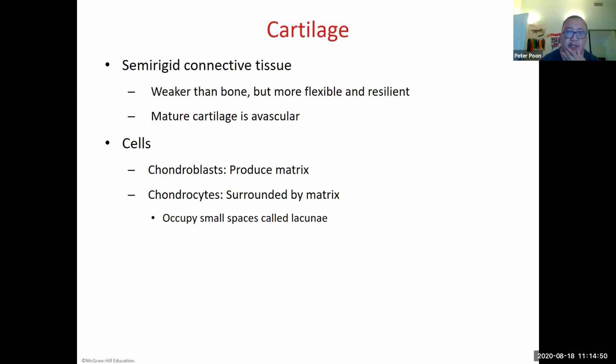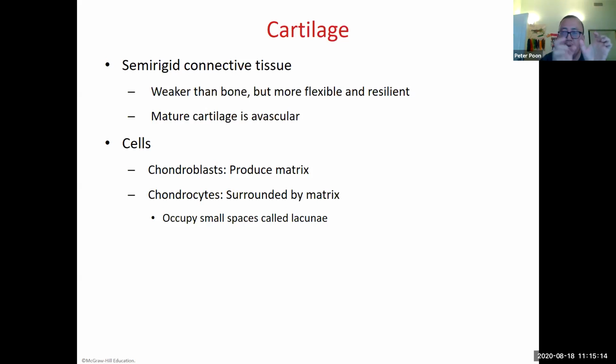Okay, mature cartilage is avascular, which is a big problem. Avascular means there's no blood vessels. If there's no blood vessels, that means it's harder to repair. There's no nutrients going there. Okay, chondrocytes and chondroblasts. Blasts are immature cells that make whatever's in front of them.